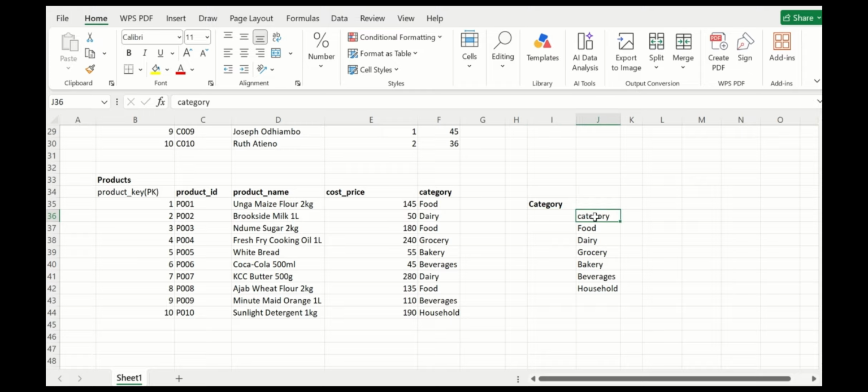So let's put this into, yeah, and then here also we're going to call this one category key. Category key here.